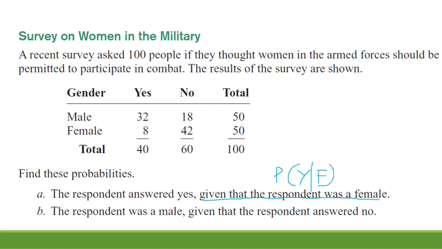The first event is female, since that is the given. So we are asked to find the conditional probability. While in the second, the respondent was a male, given that the respondent answered no. So the probability we need to find here is the probability of getting a male after the first event occurred, which is the respondent that answered no. So this is the conditional probability. Okay.